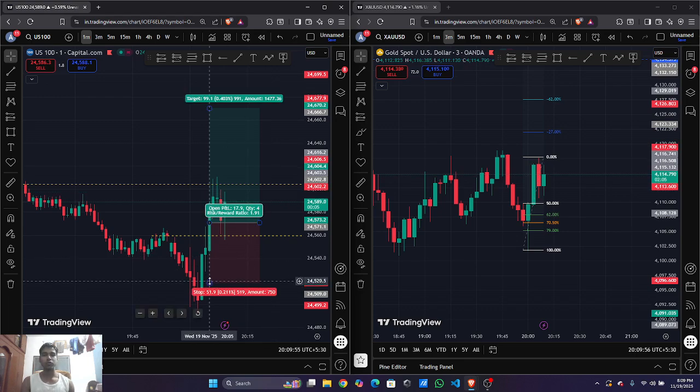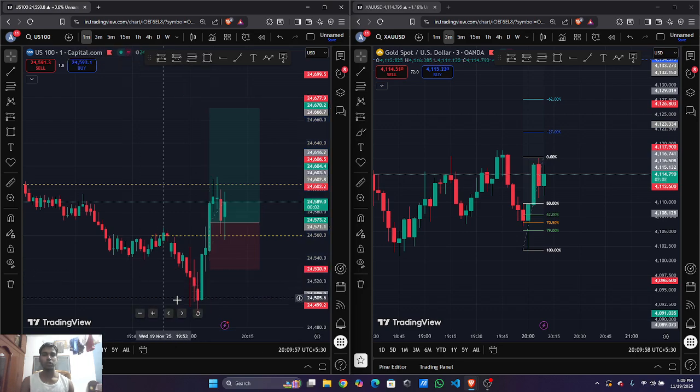My trailing is around here. I don't need to enter in gold, but I will enter in gold. So M2M, if I make profit, then I can exit once it gives a 3-minute break of structure.